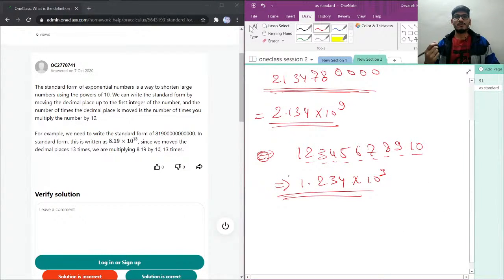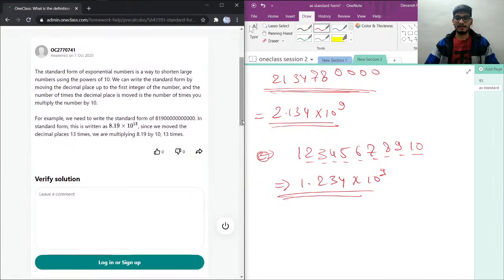This is the kind of notation mostly used in engineering terms or in scientific calculations. It is a way of shortening the number so that it is easier for all of us to remember the number.